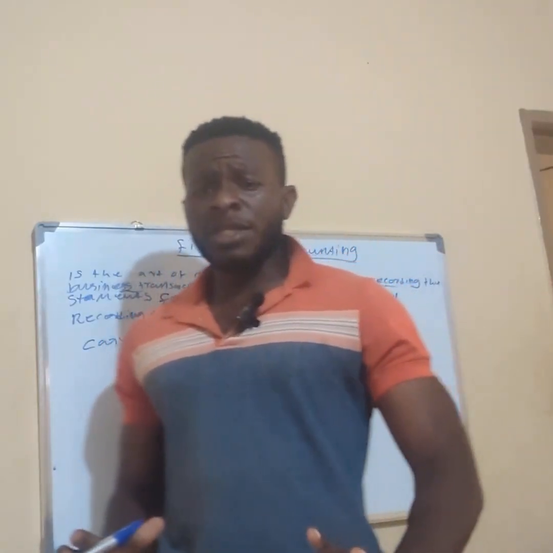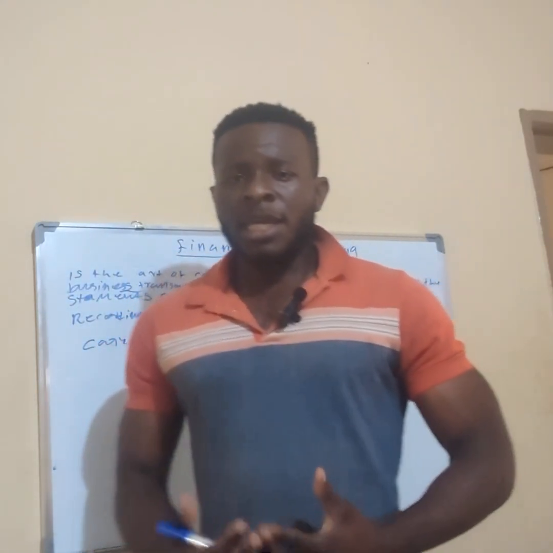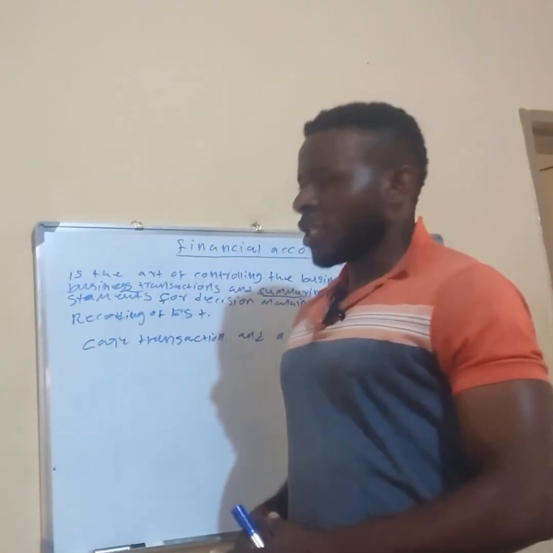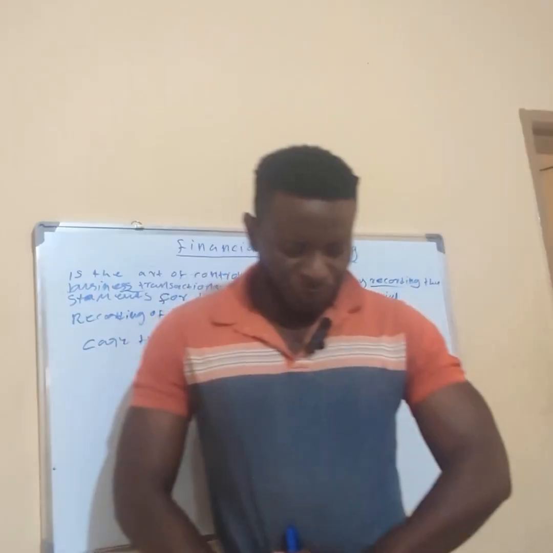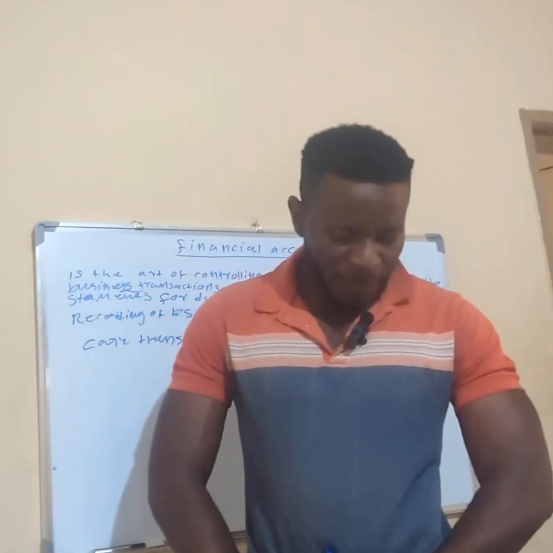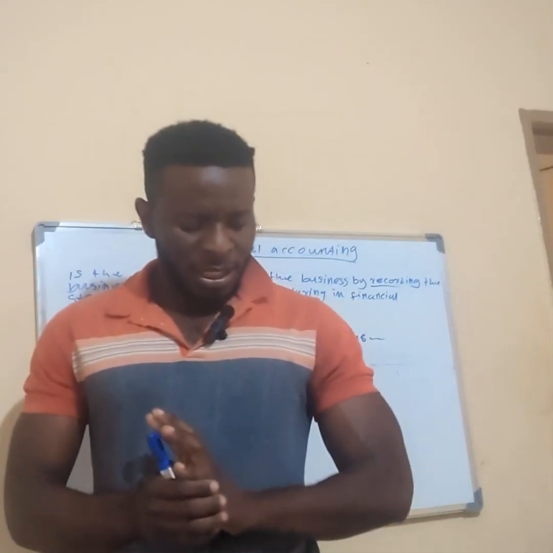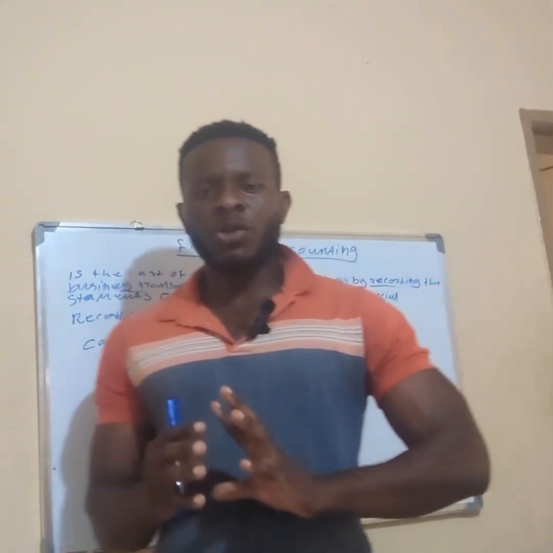After all the transactions have been recorded in the purchases book, sales book, etc., they have to be summarized in what is known as the financial statement. So what is this summary? Summarizing is reorganizing the recorded transactions in the financial statement.